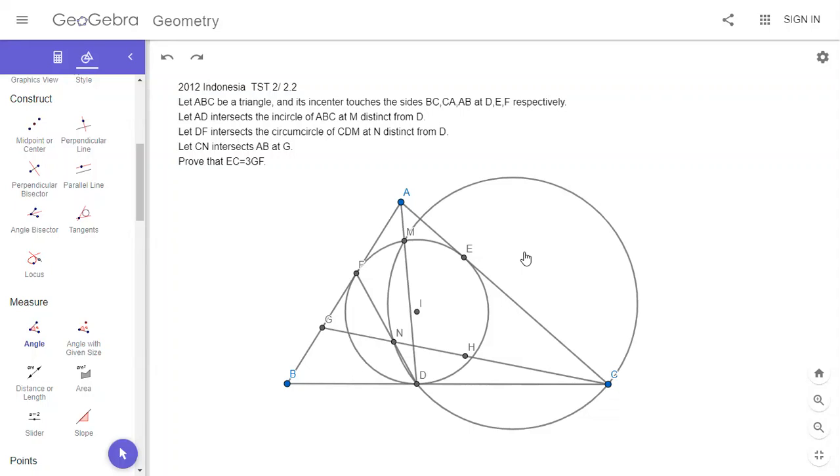Let's see. Okay, so MCD is similar to MNF. I see why that's true. Okay, CG. Okay, I'd seen that.